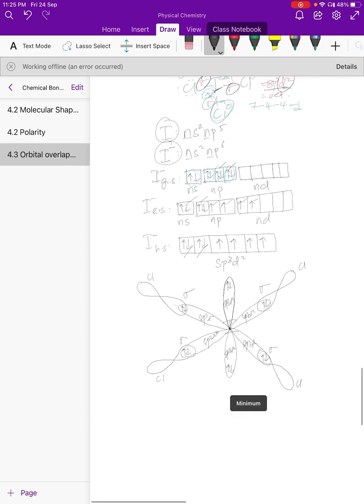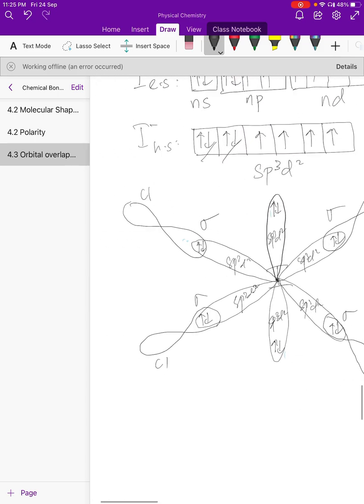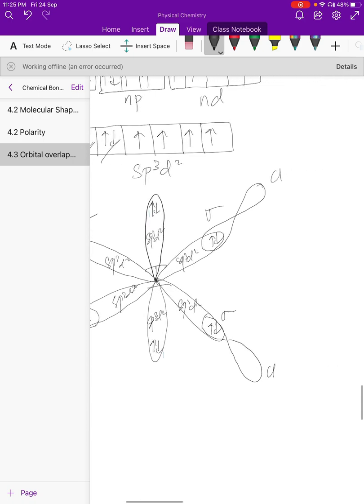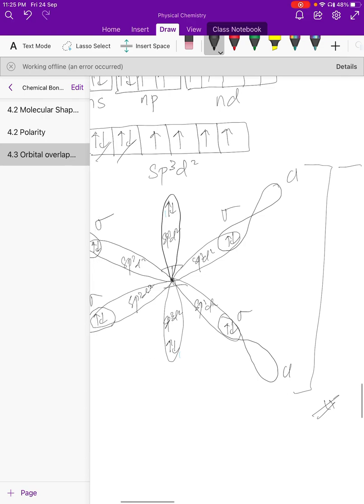So students can see here, I've drawn this one. There's one thing left over. You have to put this in a bracket, with the negative charge outside. Okay, do not forget because this is a charged ion.